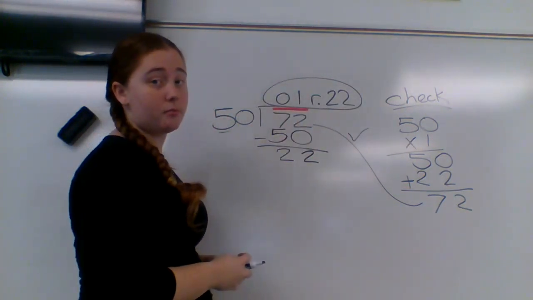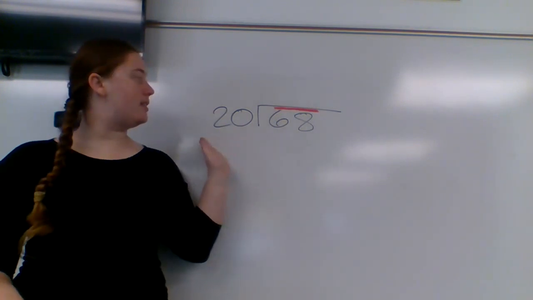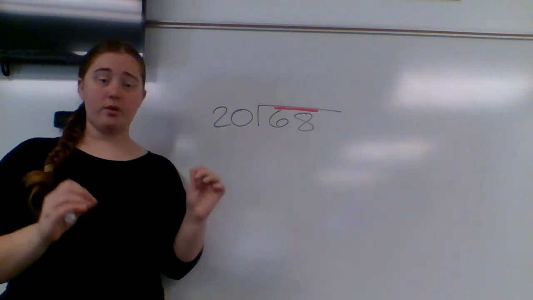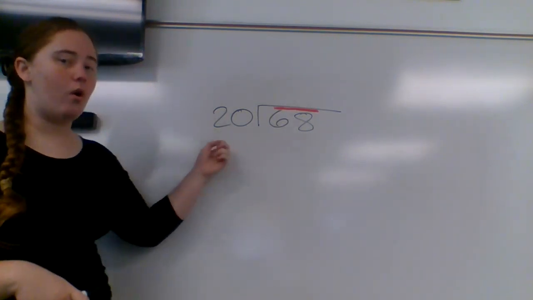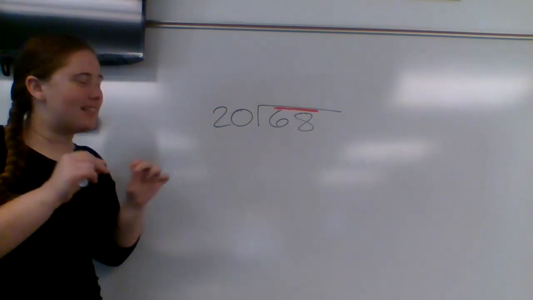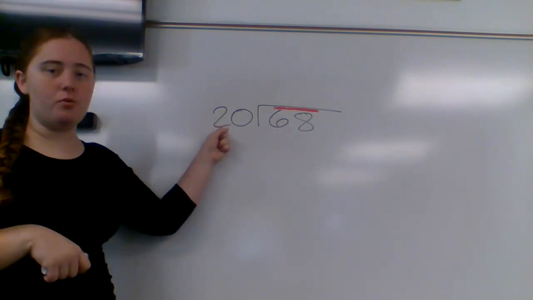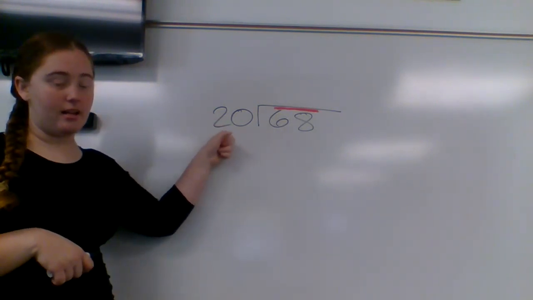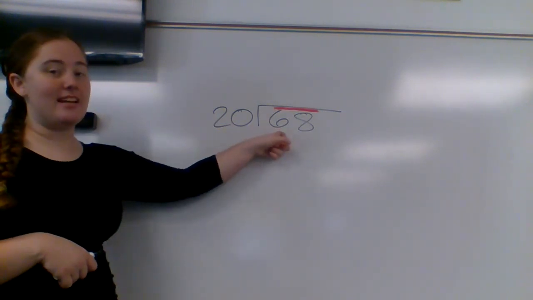Our next problem is 20 into 68, 68 divided by 20. So let's go ahead and do that. Again, we're only going to start by breaking this down. We're only looking at that 2, the first number in the tens place of my divisor, and that 6.